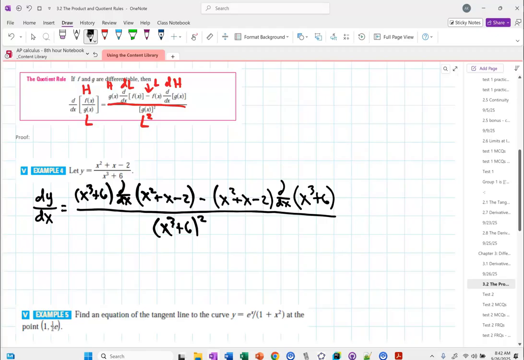I just cleared the quotient part, and now still have to differentiate pieces of that quotient. Everybody good? So d means derivative of the low function, which is the denominator. Okay? It's just a way of trying to memorize the formula.